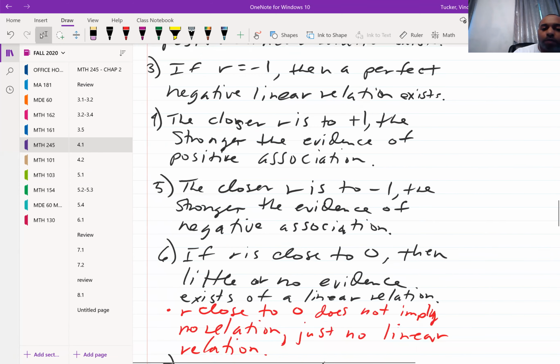If R is close to 0, then little or no evidence exists of a linear relation. And so R close to 0 does not imply no relation, just no linear relation.